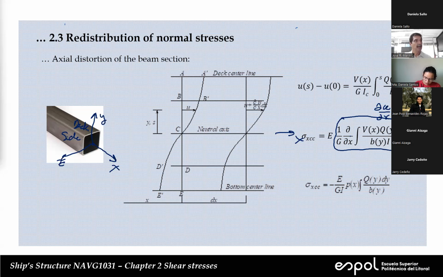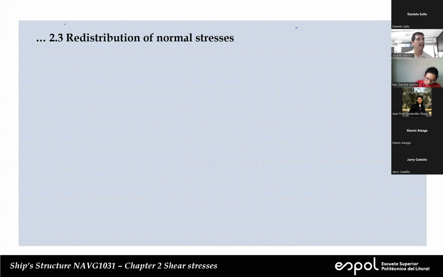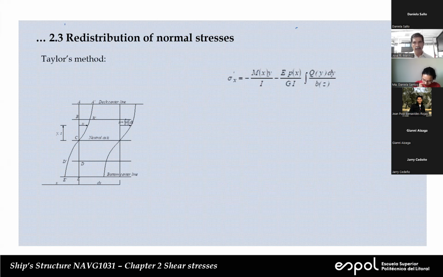So this is where the name Taylor appears. You'll see that in a minute, okay? So this is the situation, right? This is the stress, the normal stress, according to pure bending theory.